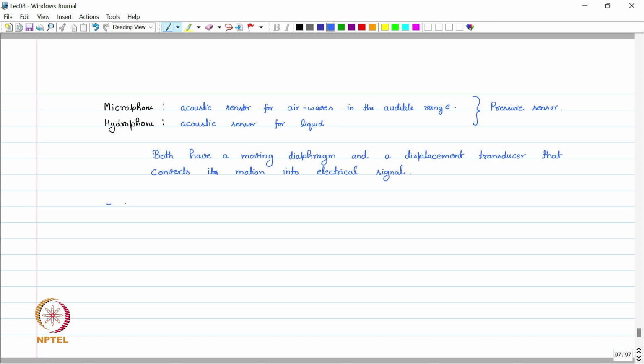For example, the sensitivity, directional characteristics, frequency bandwidth, and dynamic range.